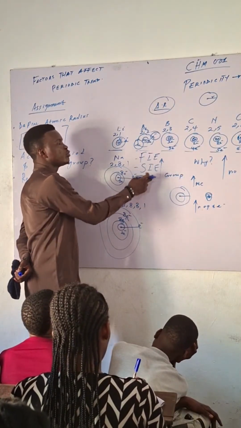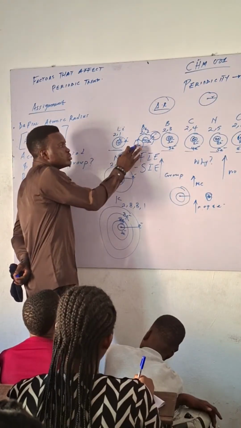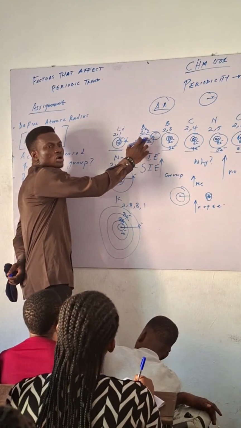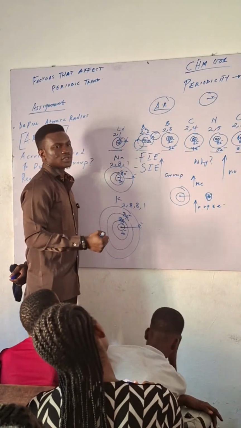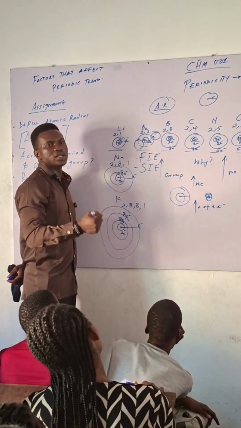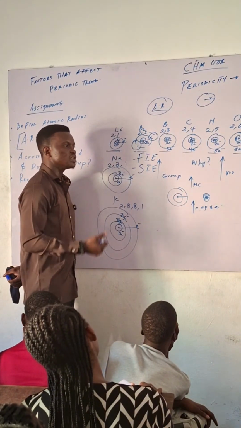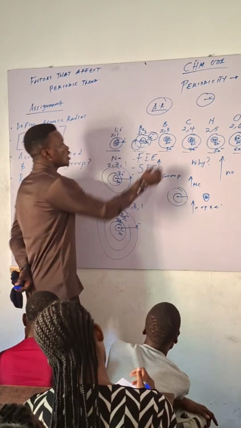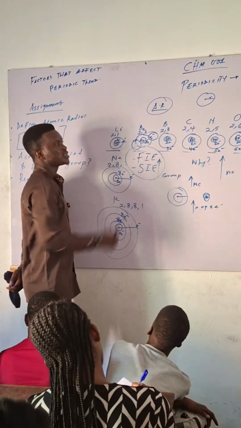Between first and second, which one do you think the energy will now be more? Second, because when you remove one electron, it will now be difficult. All of these are very important. So you need to know what first ionization energy is and second ionization energy.